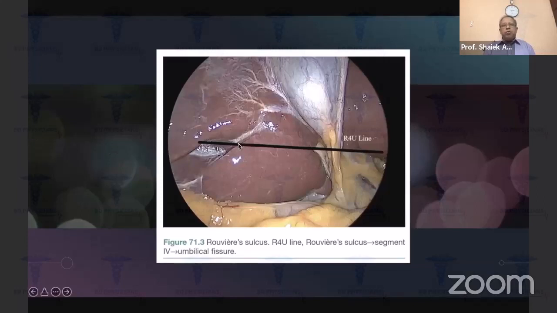This is Rouviere's sulcus. It indicates the right hepatic duct runs through this groove along with the artery, and there is a horizontal line. If you do surgery above this line, you are always safe. If you dissect below this line, there is a chance of injury to the common bile duct or common hepatic duct. For that reason, Rouviere's sulcus also plays an important role.